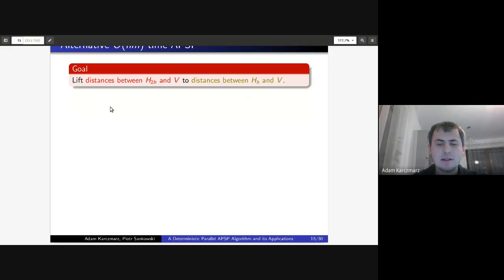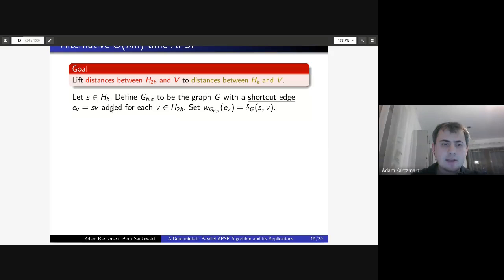So once again, recall our goal is, given distances between a 2h hub set and V, we want to lift these distances to distances between an h hub set and V. Okay, so how to do it?